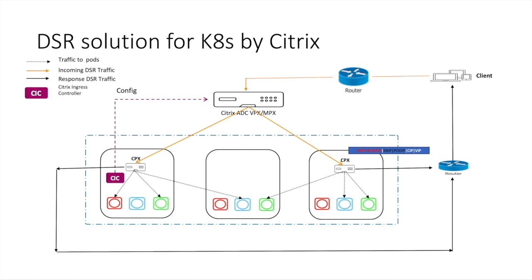Once the packet reaches the node, it decapsulates the outer header and gets the inner packet, which it sends to the CPX pod. CPX will pick up this packet, decapsulate it again and get the original packet. Based on this original packet, it does the actual load balancing and sends the packet to the pod. The pod will send the response back to the CPX. CPX will pick up this packet and send its response directly to the client.